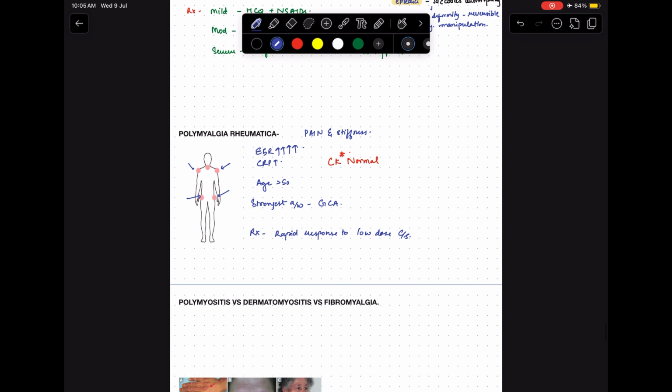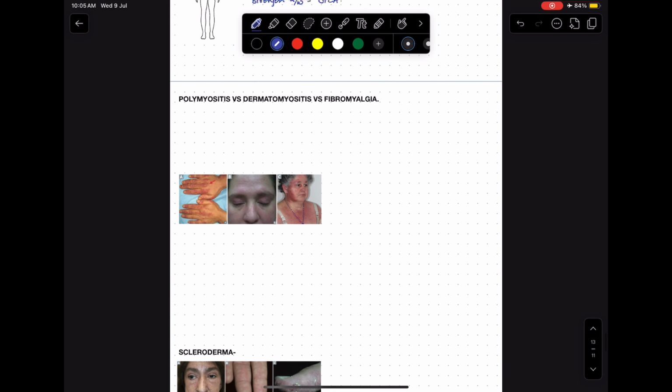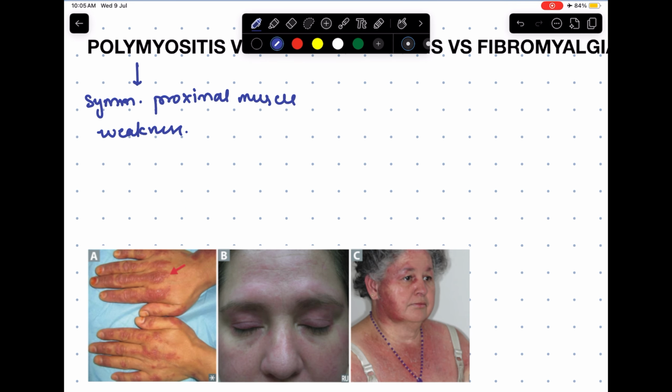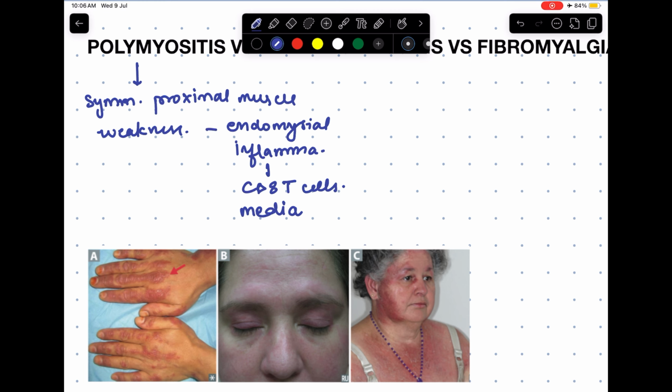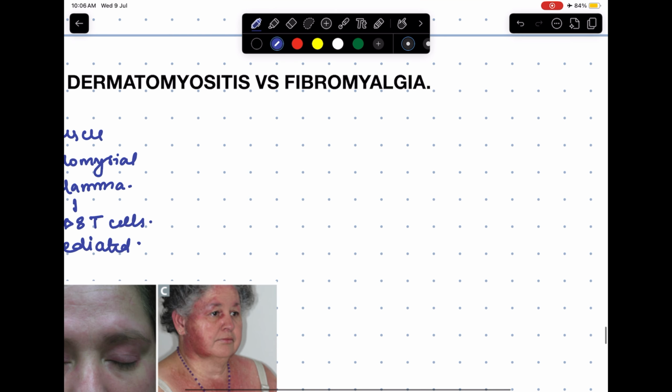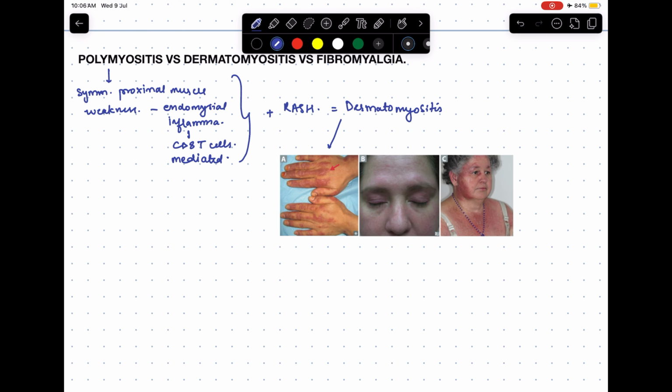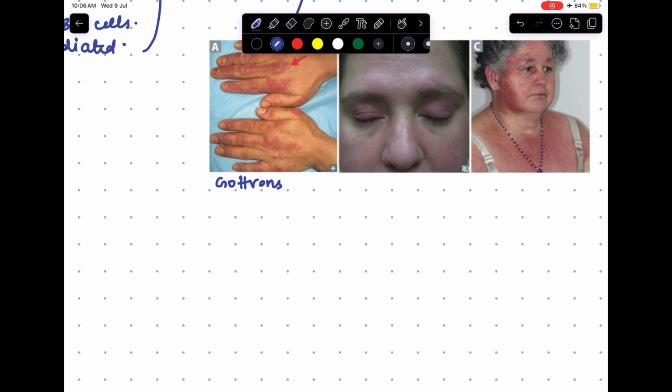Now the next is polymyositis, dermatomyositis and fibromyalgia. For polymyositis, you have to remember that there is a progressive symmetrical proximal muscle weakness, and it is characterized by endomysial inflammation with CD8 positive T cells. So this CD8 positive is important, and it can involve the shoulder joints. But then there is another disease, that is polymyositis with rash.